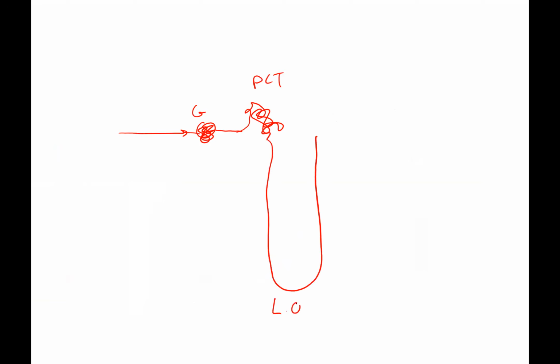Okay, so simply put, you have a tube that comes in, hits the glomerulus. Then you have the proximal convoluted tubule, then the loop of Henle, and then the distal convoluted tubule.